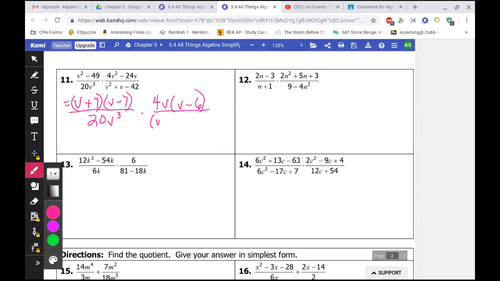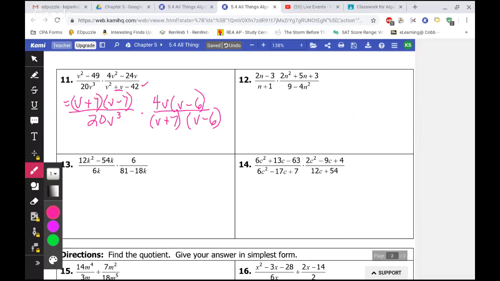So that's going to be v plus 7, because I know this is positive. v plus 7, v minus 6. So 7 times negative 6 is negative 42, and 7v plus a negative 6v would give me a positive 1v.